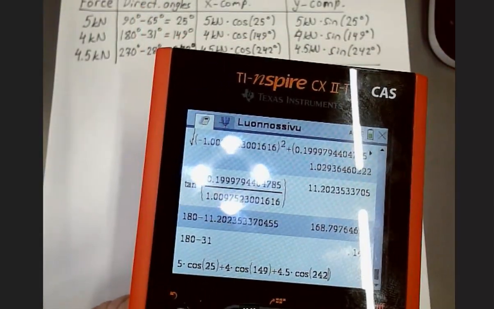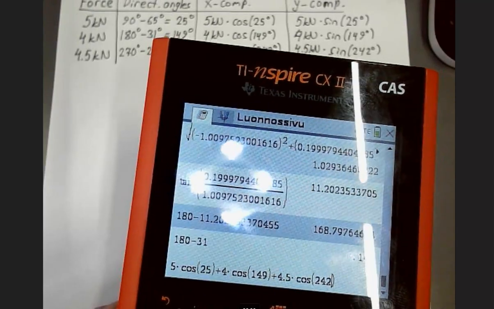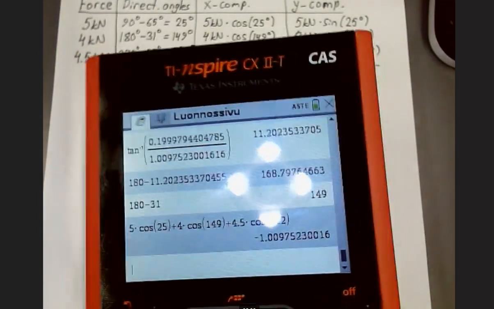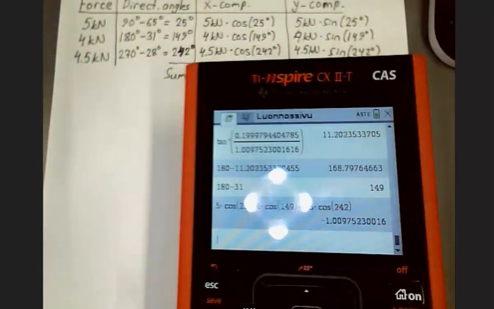So as you see, there are no minus signs anywhere. As you see, we get exactly the same answer as we got earlier.